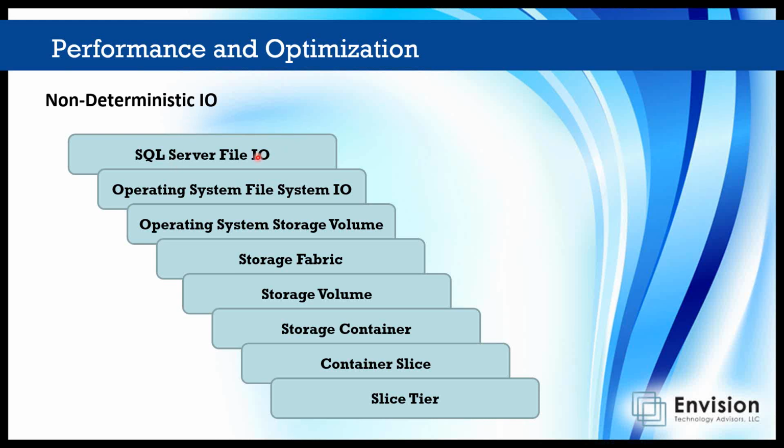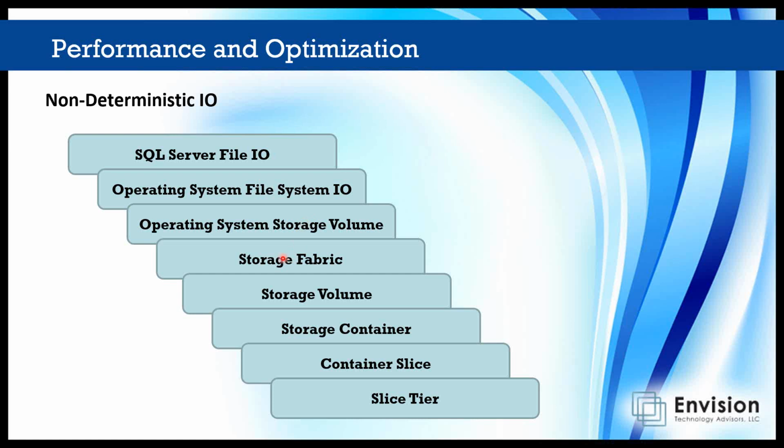So SQL Server itself, when you write a record, you have to first determine which file it's going to. And then the operating system is going to know where that file lives and issue the write, and then that's going to go to the operating system storage volume. So that would be, say, the F drive or something like that.